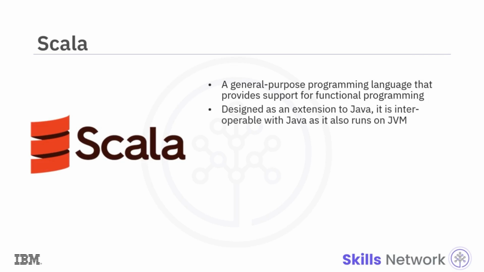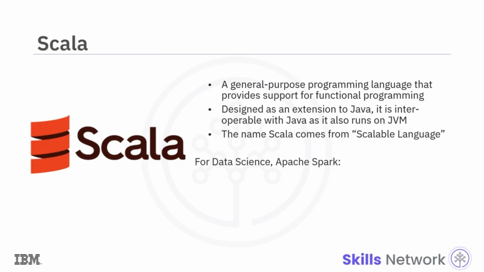The Scala language was constructed to address the shortcomings of Java. It is also interoperable with Java as it runs on the JVM. The name Scala is a combination of scalable and language. This language is designed to evolve with the requirements of its users. For data science, the most popular program built with Scala is Apache Spark.